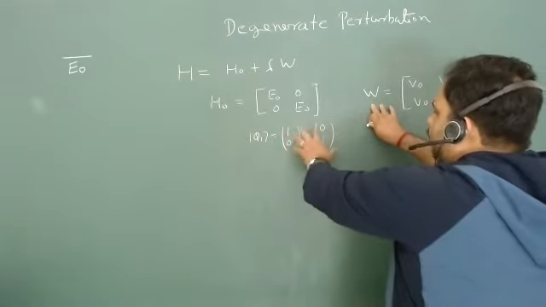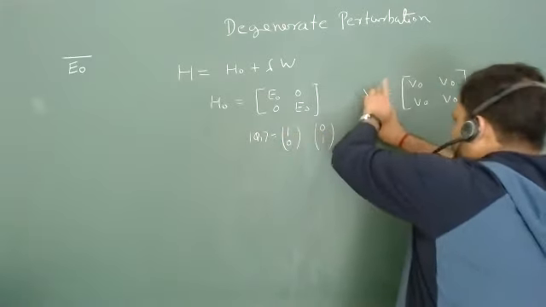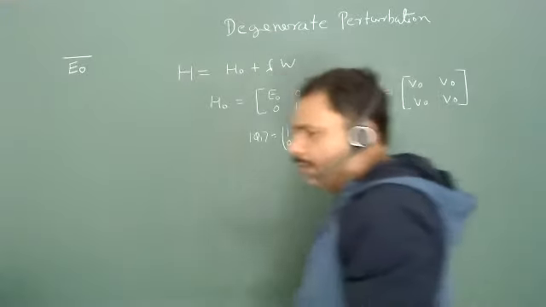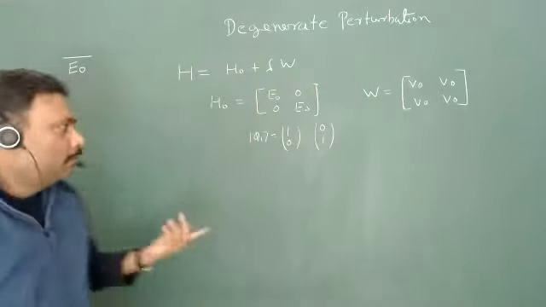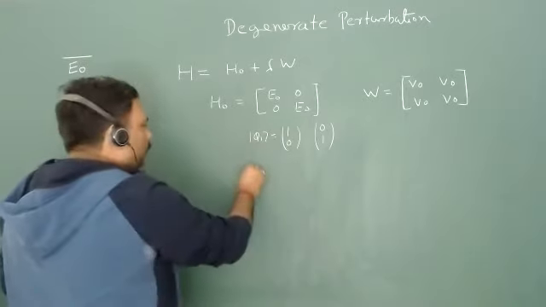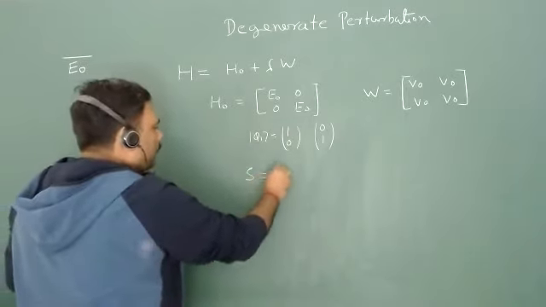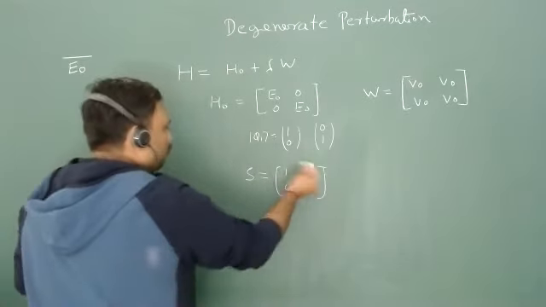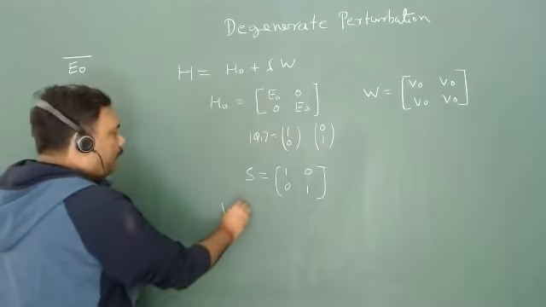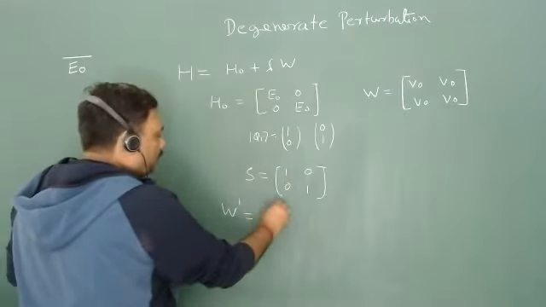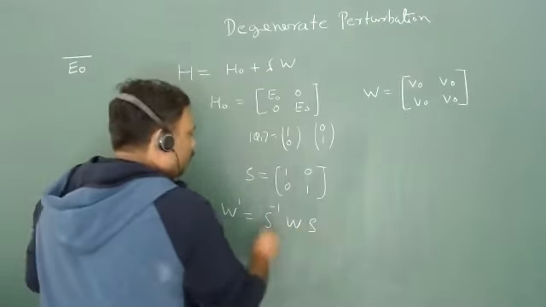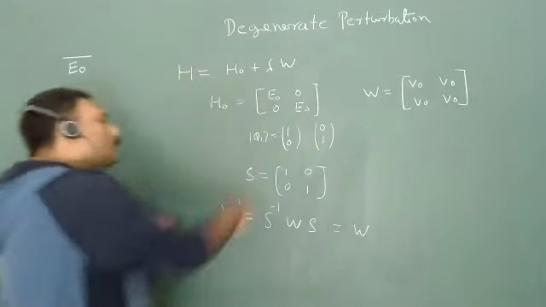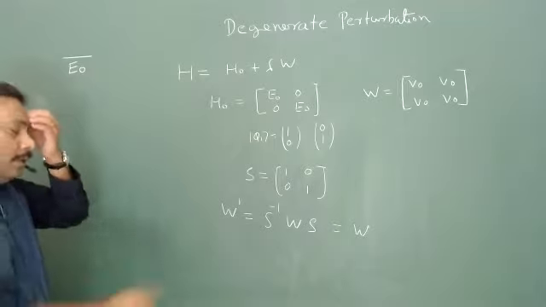Suppose I make a basis matrix S, and fortunately this is a unit matrix, so there is not any problem. I have my W dash. W dash is S inverse W S, and obviously this value is equal to W because this is my unit matrix.